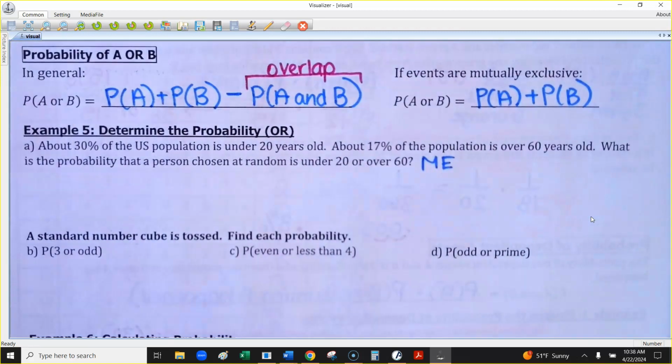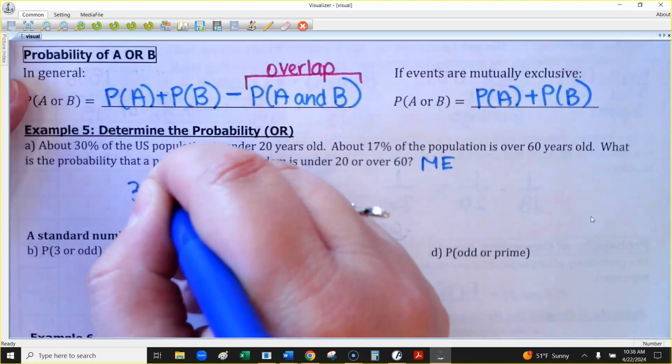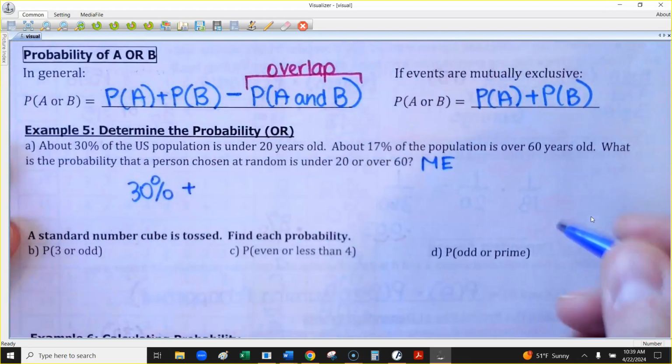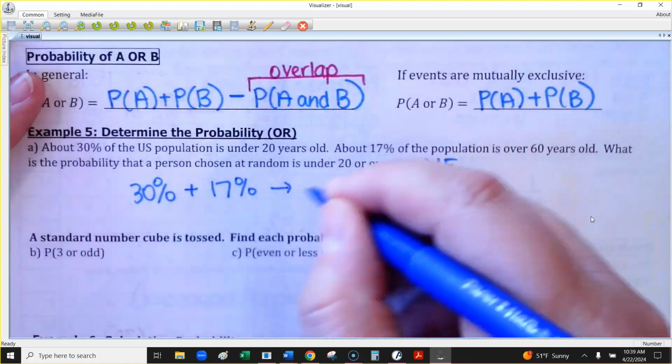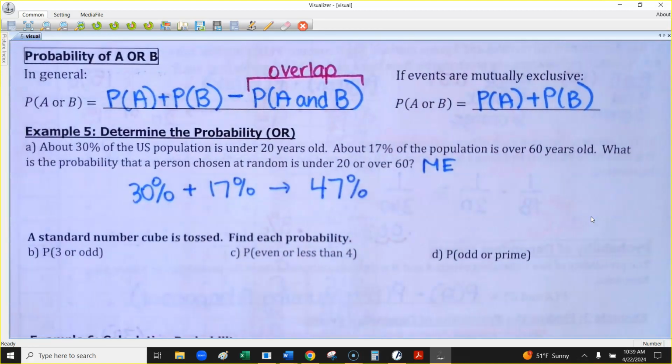So that means we literally just add these probabilities together. Now, a probability, remember, can be between 0 and 1, or between 0 and 100%. Both of these were given to you as a percentage, so you can just add the percentages together. The probability that I'm under 20 is 30%, plus the probability I'm over 60 is 17%. So the probability you randomly selected somebody and they fell into one of those two categories would be 47%. Those are mutually exclusive.